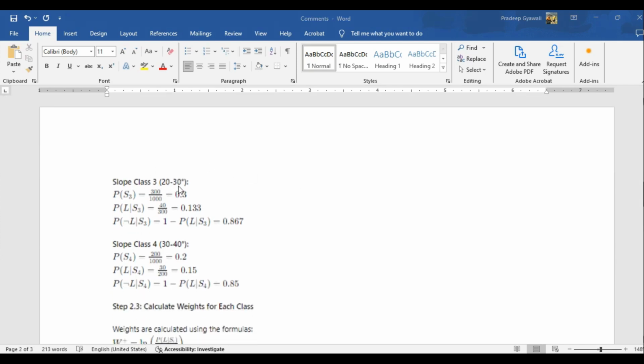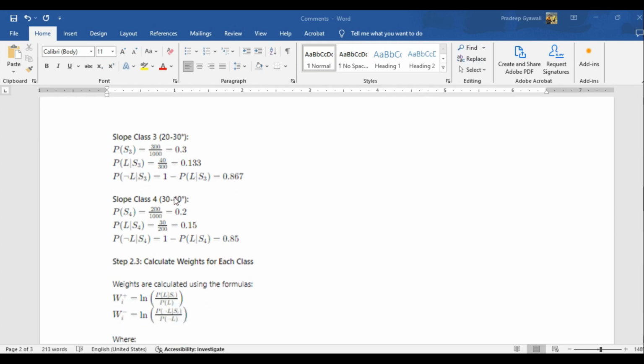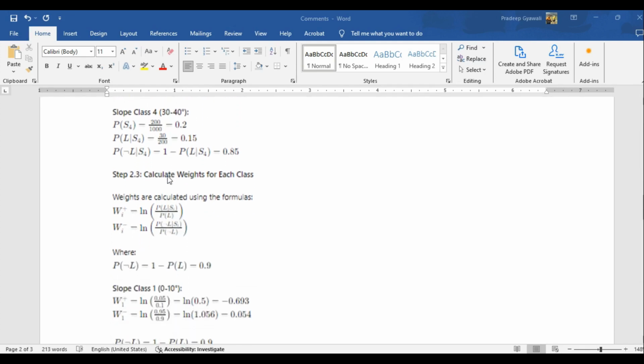For class 3, the overall probability of class 3 is 300 divided by the overall area, which gives 0.3. The probability of landslide occurring is 0.133, and the probability of no landslide occurring in this class is 1 minus 0.133, which gives 0.867. Similarly for class 4.